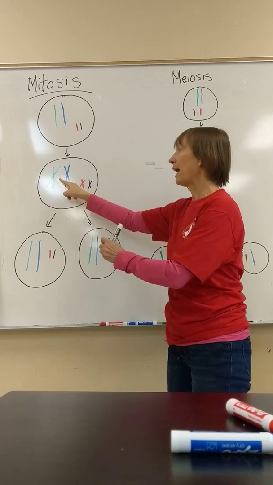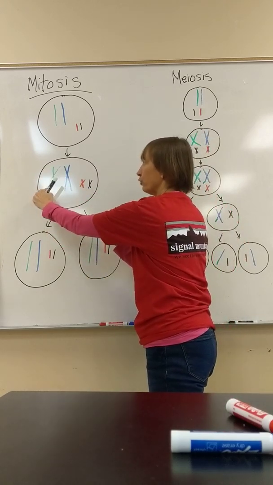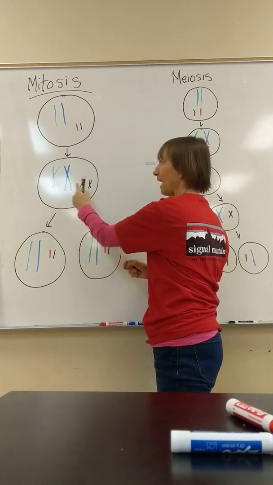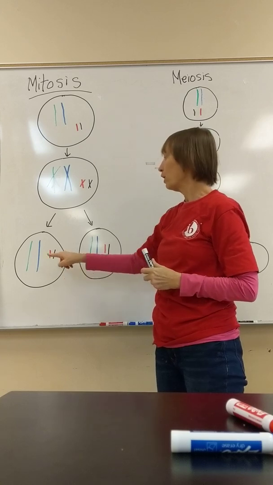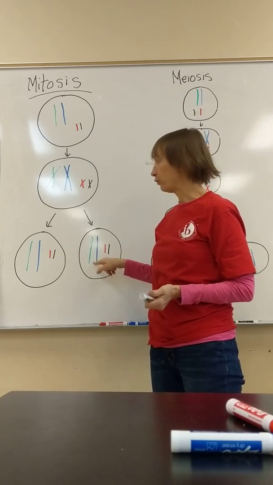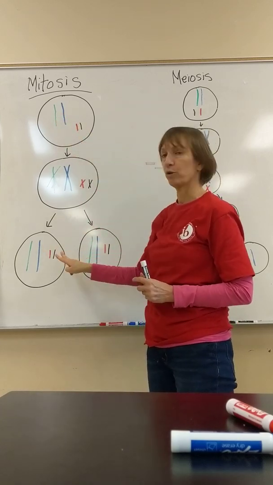Then what happens during mitosis? These guys split apart. One of these two chromatids goes here, one of these two chromatids goes here, and that happens with all four. So you end up with two diploid cells, daughter cells. Diploid just means that they're homologous pairs, so pairs and pairs.